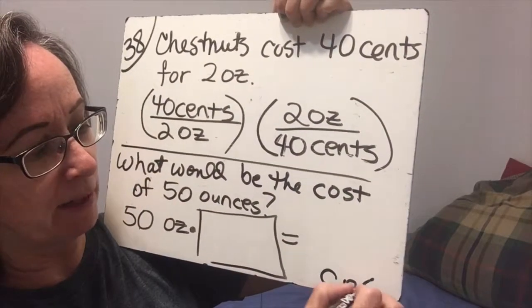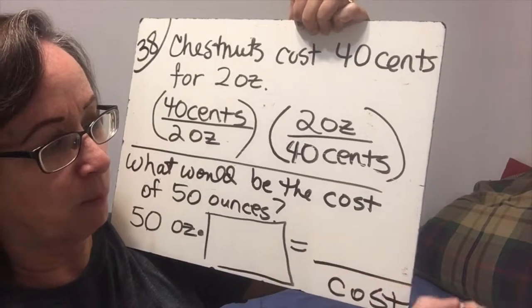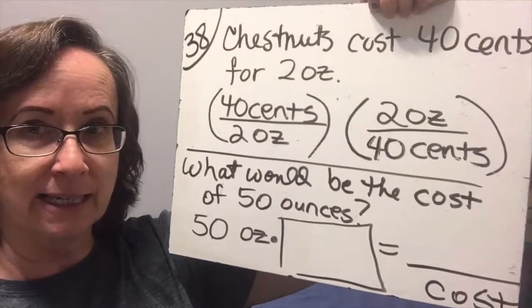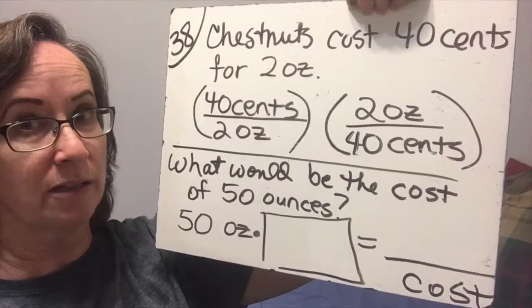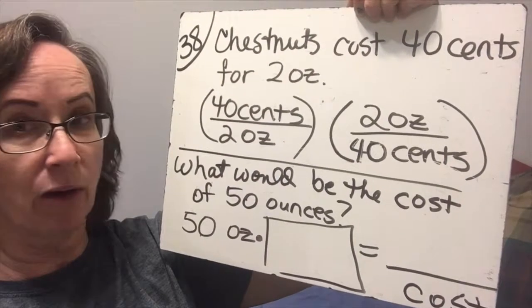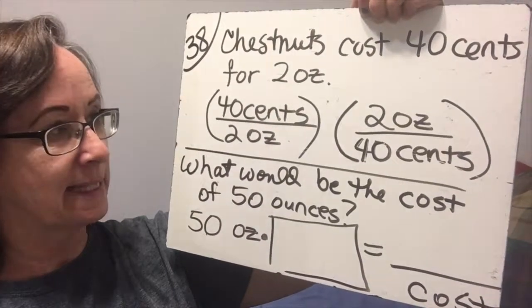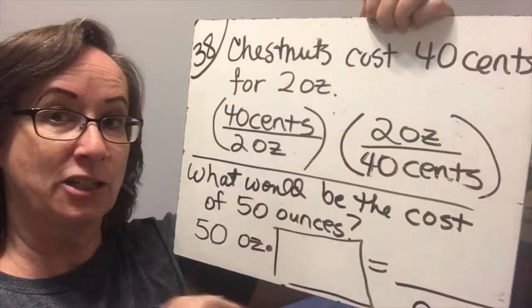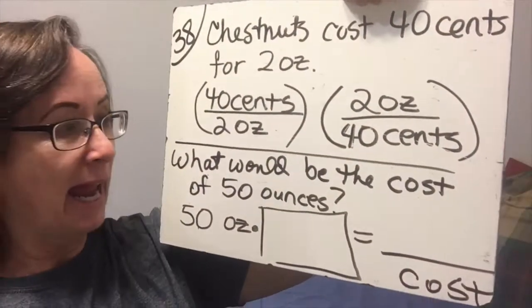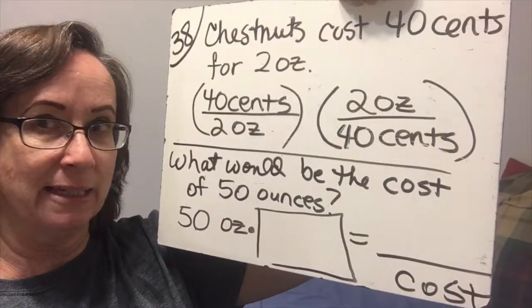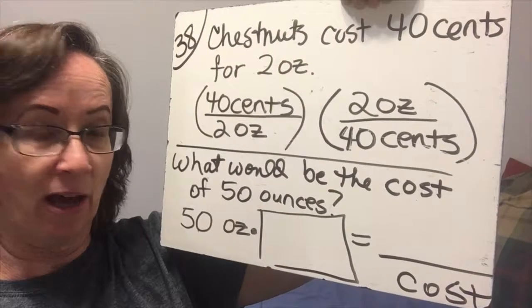So I'm just going to write cost down at the bottom, but we know that cost is going to be in cents or dollars. Okay, so since this is in cents, let's do the problem in cents, and then we'll see if maybe at the end it's appropriate to turn it into dollars.